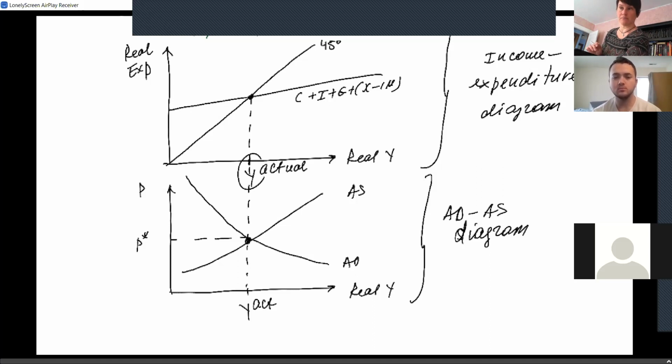Any questions? We're not going to use the aggregate demand, aggregate supply diagram in this chapter. We're just going to work with the income expenditure diagram, okay?